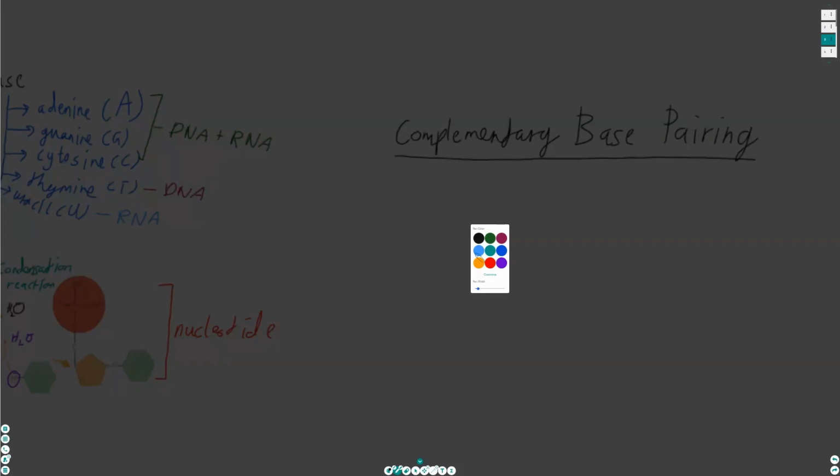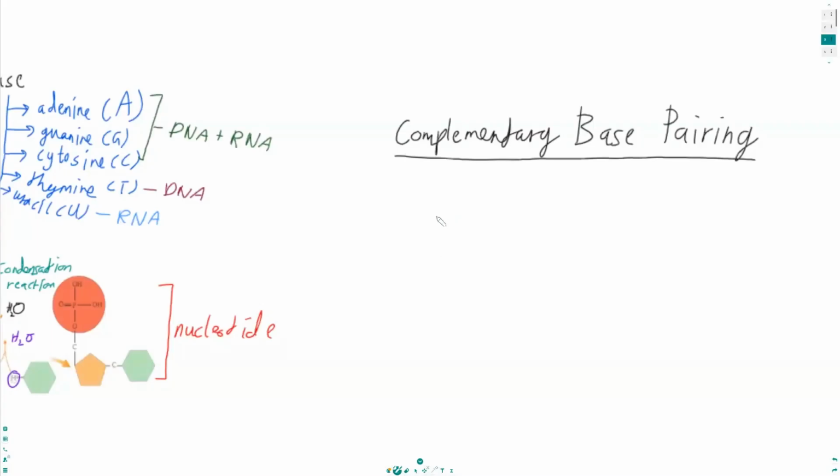What I mean is, let me give you the example of adenine. So adenine is a base. Its complementary base pair is thymine. So A will always go with T. Likewise, C will always go with G. And this is in DNA.